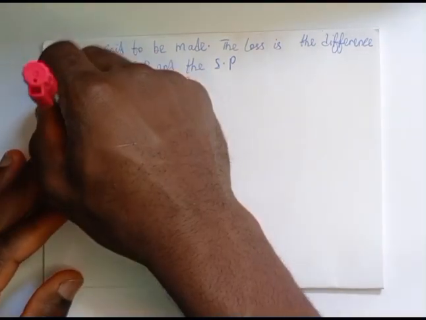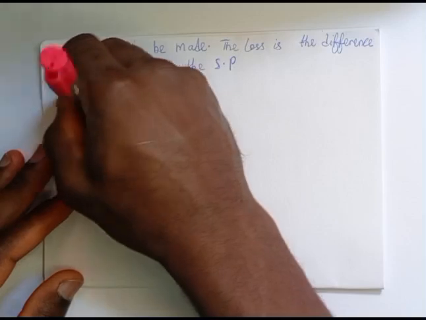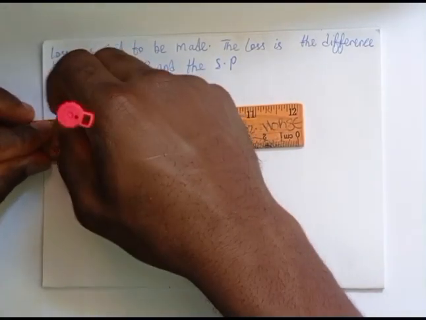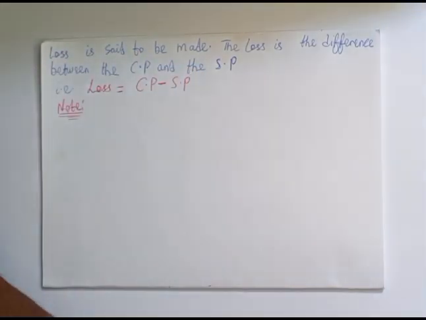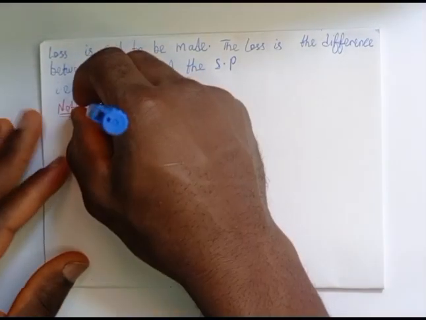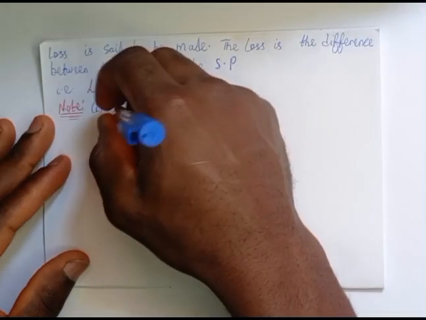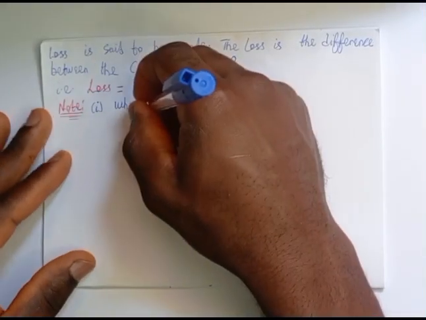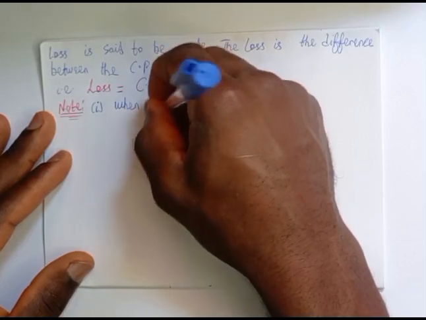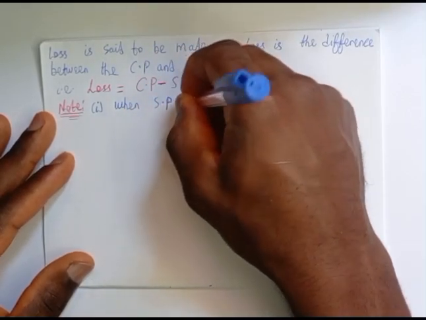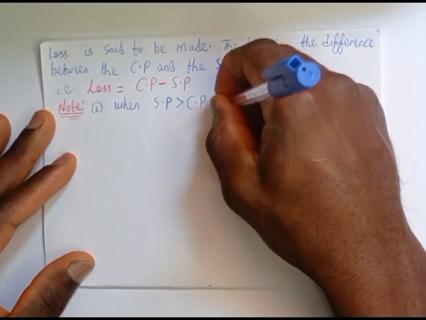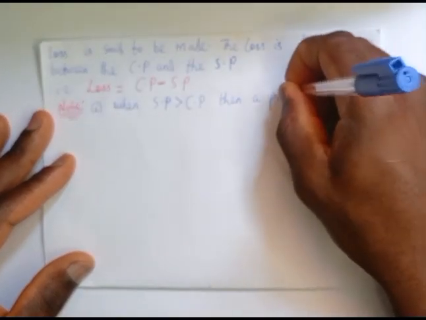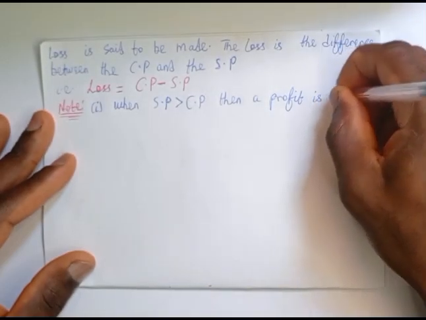Then we take note of the following. Note this. First one, when selling price is greater than cost price, then a profit is made.